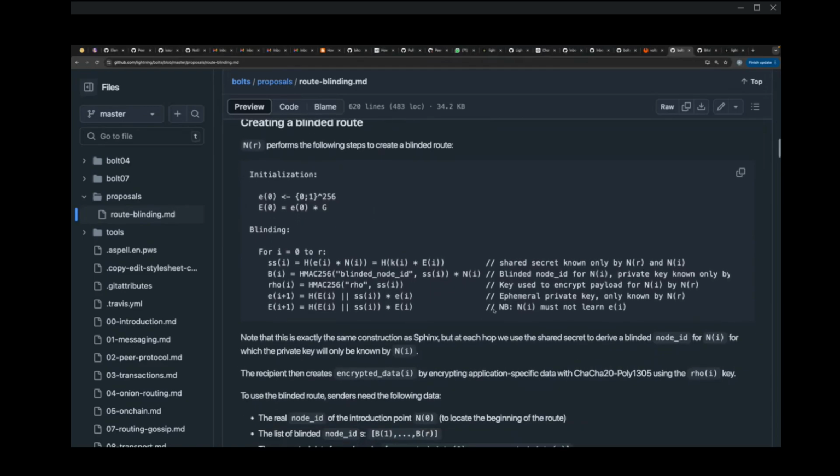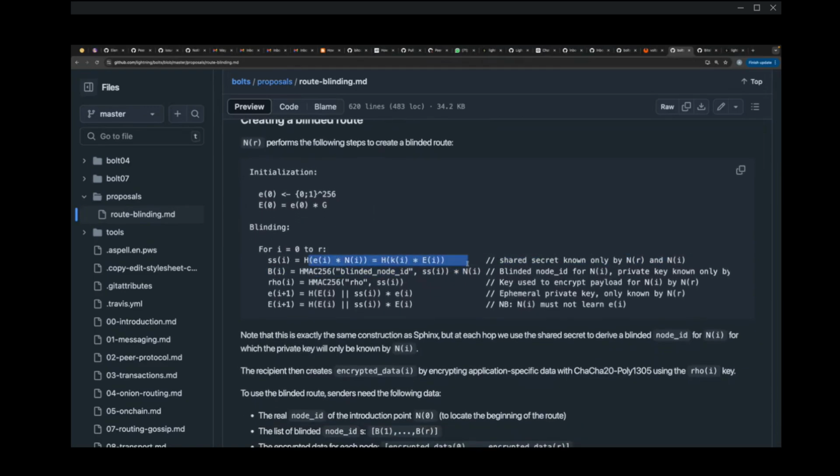All right, great. Then using the shared secret, you create a blinded node ID. So you create the shared secret, and you derive the blinded node ID using something called HMAC. HMAC is basically an authenticated encryption key.